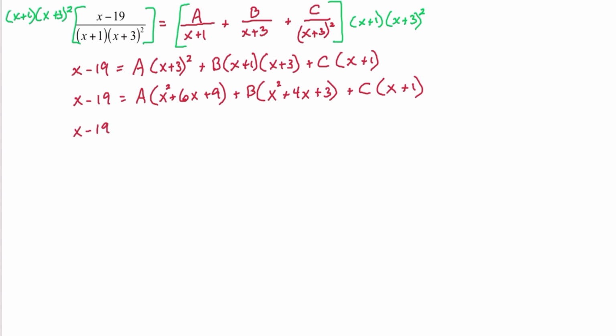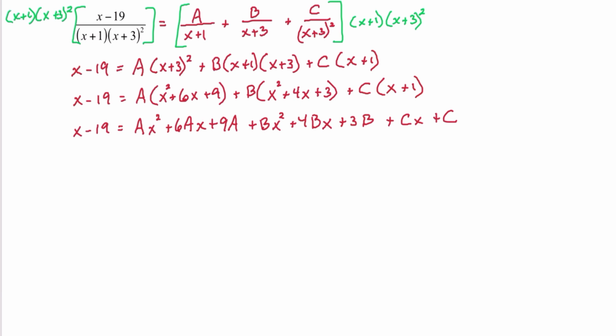The left side we'll leave as it is. Now we'll go through and distribute the A, the B, and the C to remove the parentheses. Next, we're just going to move around some terms.